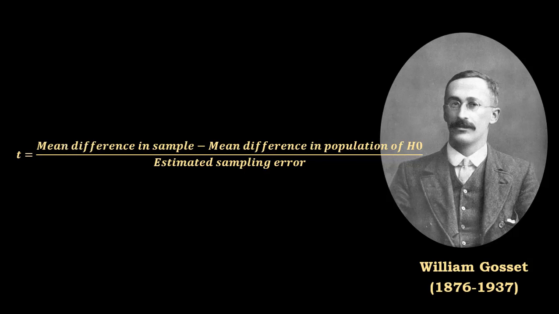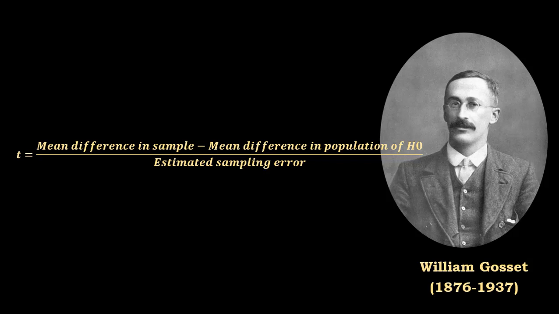So we calculate the mean of the values for type A, and we calculate the mean for values of type B, and we obtain the difference between these two values, minus the mean difference in the population of H0. Well, what's the difference in means in the hypothetical population in which the null hypothesis is true? Well, that mean is 0.